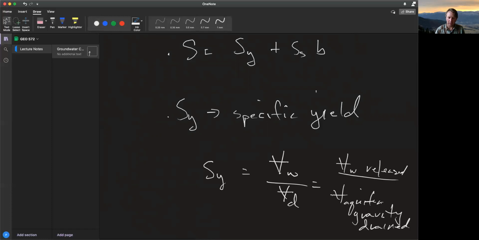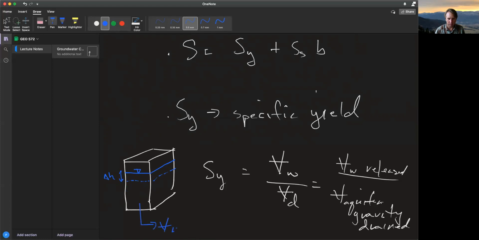All right, so if I take a column of aquifer, and this aquifer has a water table. Right? If I drop that water table, delta H, then by extracting some amount of water VW.